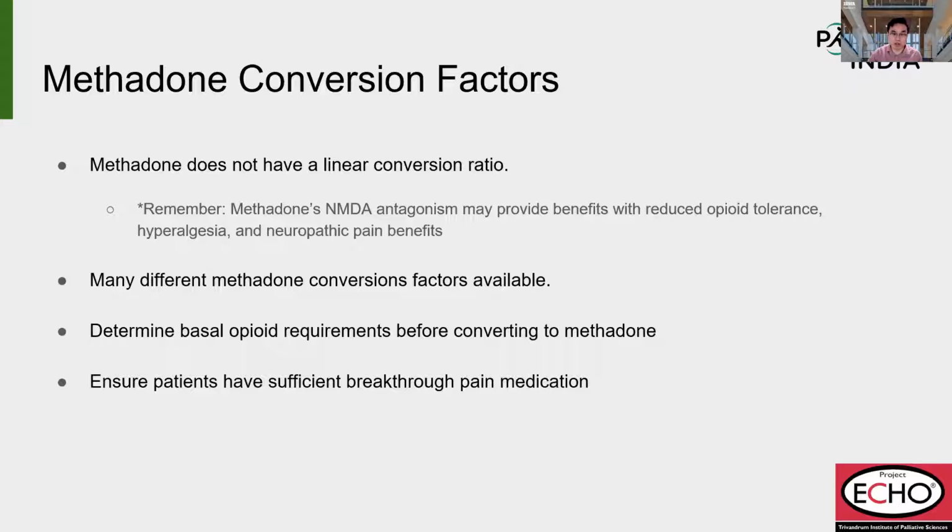So in hopes that they may not need to take the medication every 4 hours. But when we start this, we will be using more conservative ratios. So we do want to make sure we're supplying our patients with a sufficient amount of SOS or as-needed doses, because we want to wait until they achieve steady state before we make any dose adjustments.